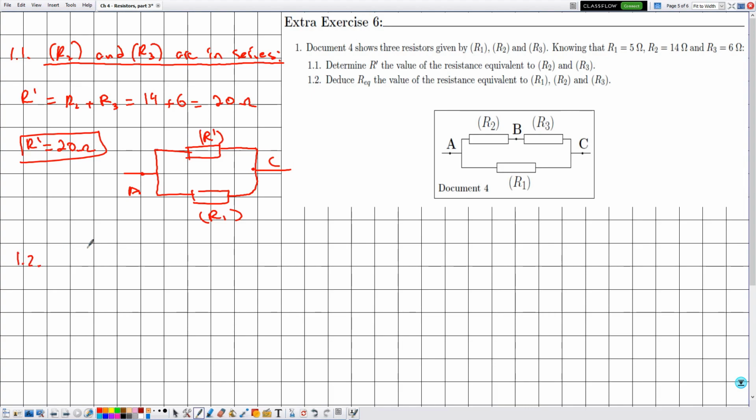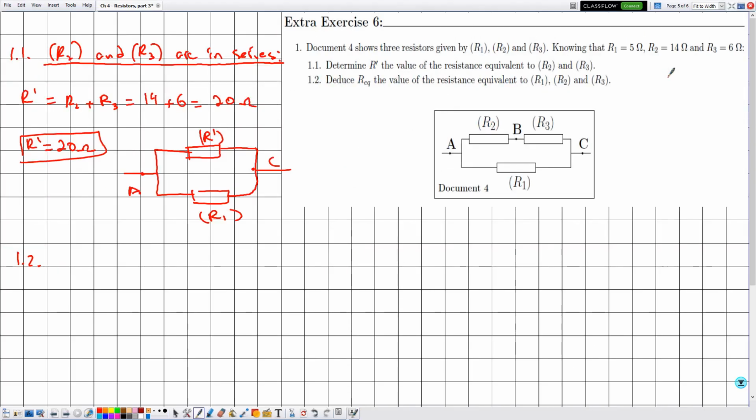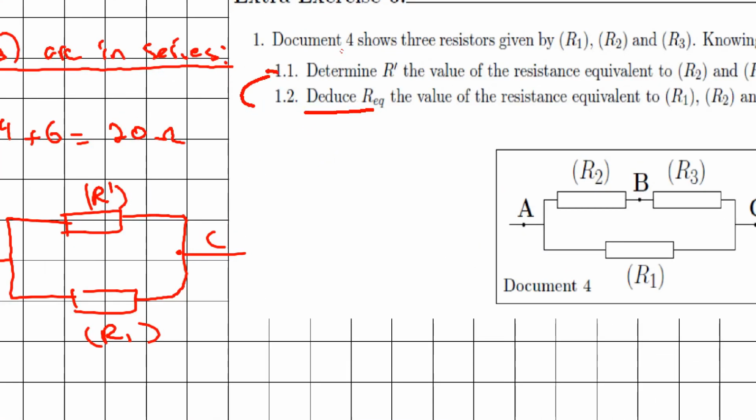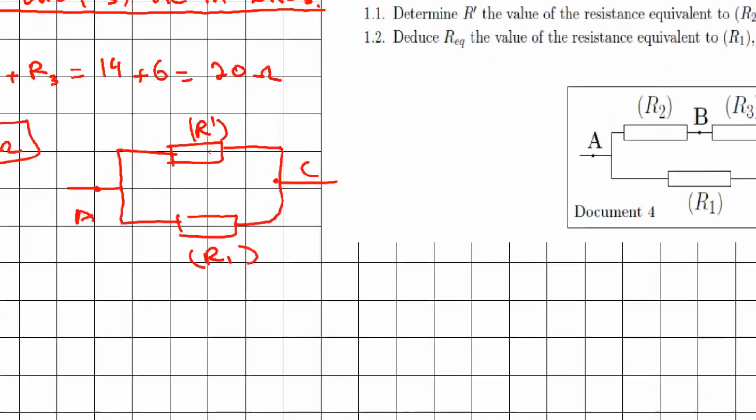Now in 1.2 they are telling me deduce R equivalent, the value of the resistance equivalent to R1, R2 and R3. And by deduce it means that we need to use the previous part. In the previous part we have determined R prime, the equivalent resistance between R2 and R3.